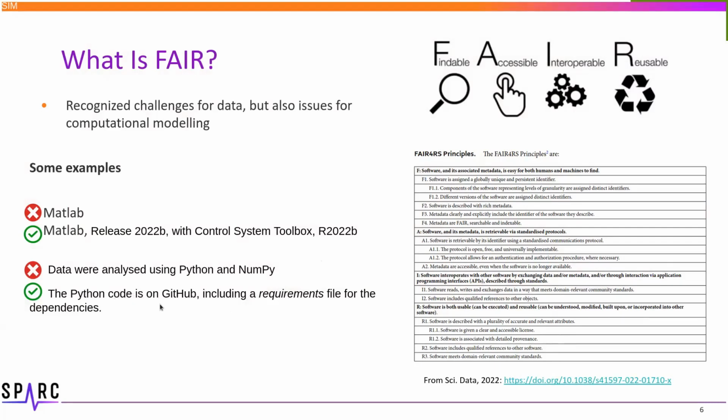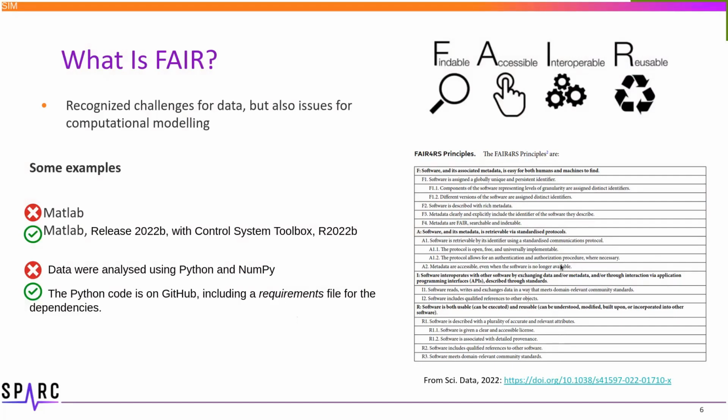So for example, a good practice in this case is to have your code in a repository such as GitHub, or also some other repository in case you cannot make that public right away. But at least version control would be a nice thing to have. Or also providing what in the Python world is called a requirements file, so that you can rebuild your Python environment and other people can better recreate what you used.